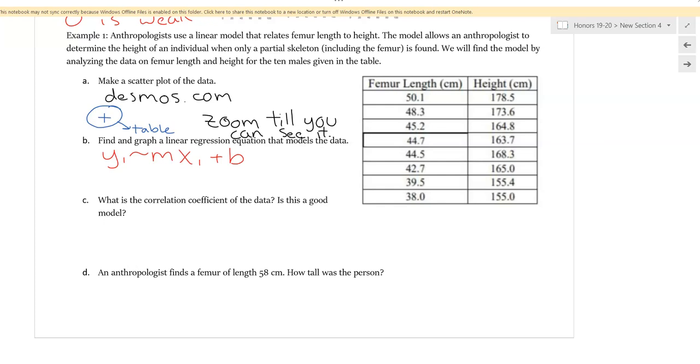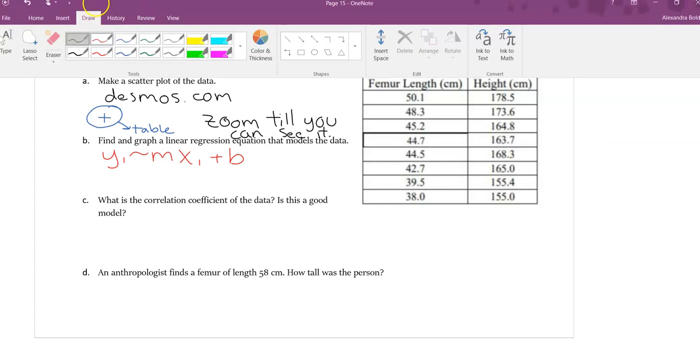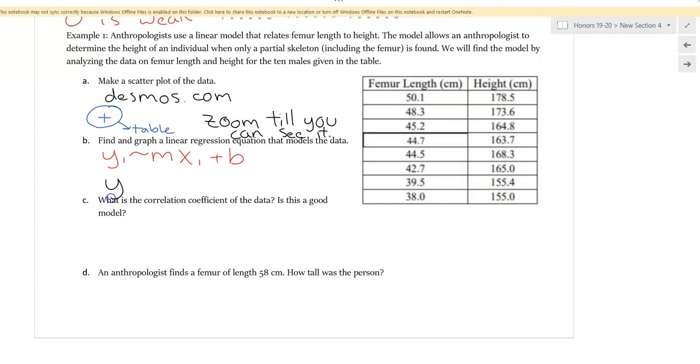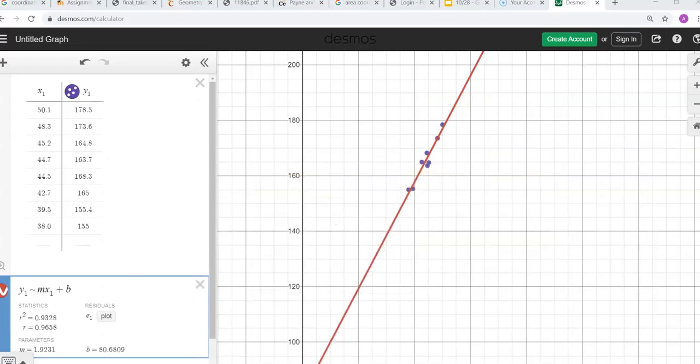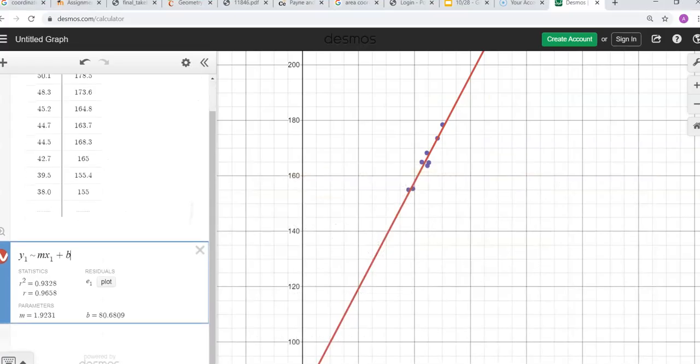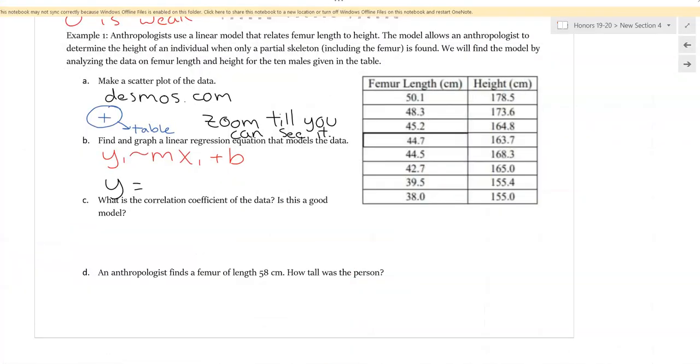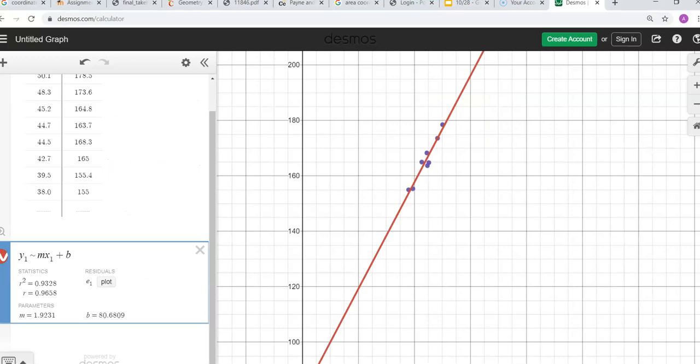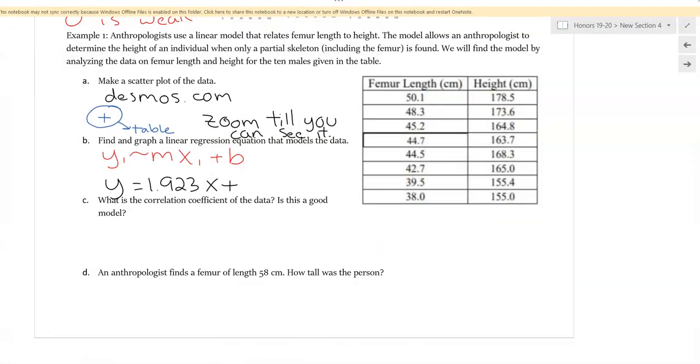And then for what we actually want our answer to be, right, what equation we're going to write is y equals, and from here, it gives us our m, 1.923, x, plus our b is 80.681.